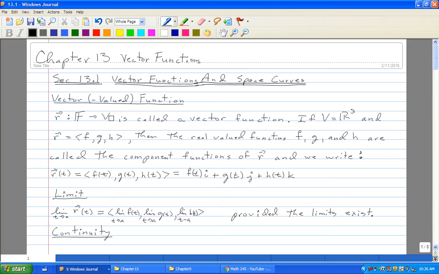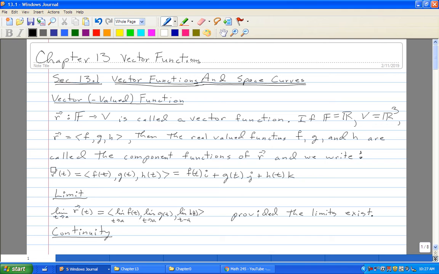If, let's say, F here is R, and V is R3, and r is the vector with components f, g, h, then the real valued functions f, g, and h are called the component functions of this vector function.